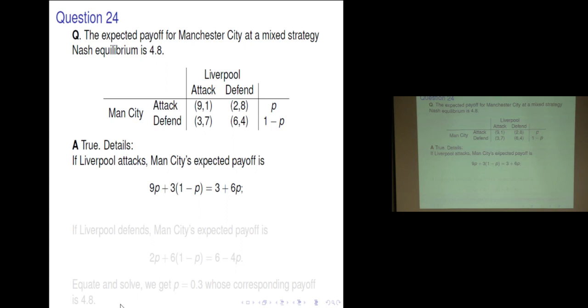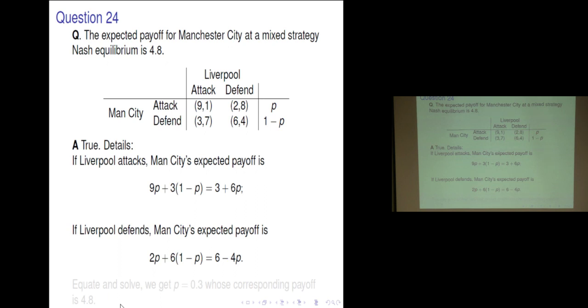The expected payoff is, with probability P, Man City gets 9, so it's 9 times P, plus with probability 1 minus P, you get 3, so 3 times 1 minus P. Now, if Liverpool defends, we look at this column. With probability P, you get 2, so it's 2P plus 6 times 1 minus P.